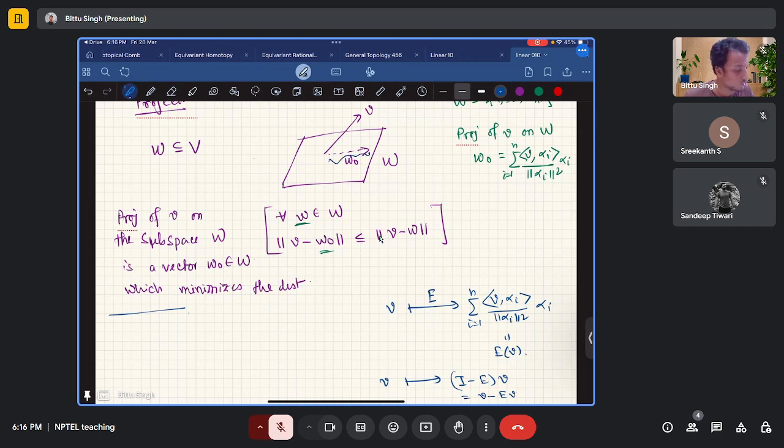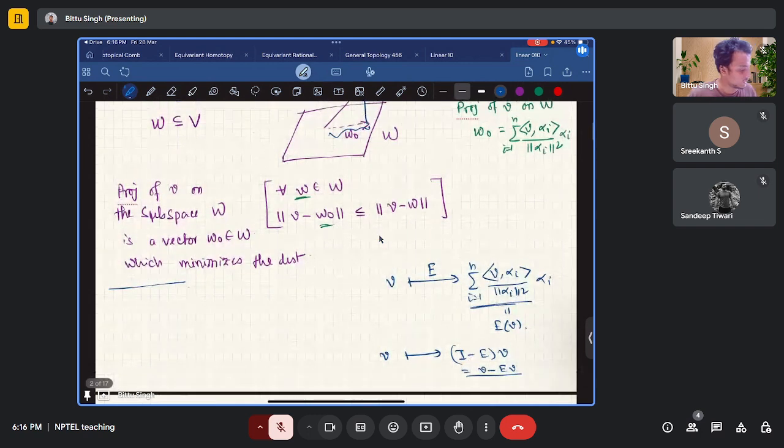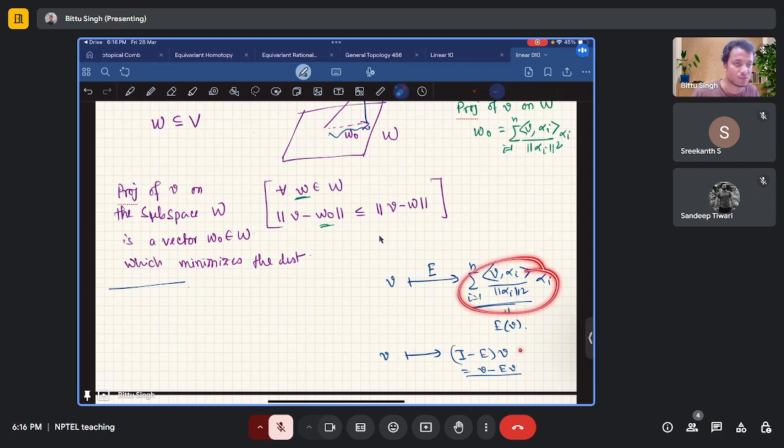So V minus EV will give you this normal vector. There are two things, and you can check that they are orthogonal to each other. That is, if you take the inner product of those two things, it will give you 0.